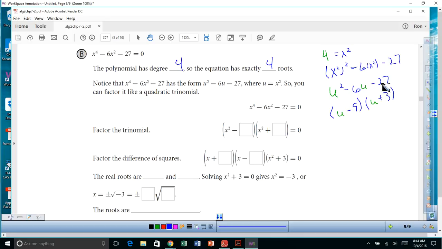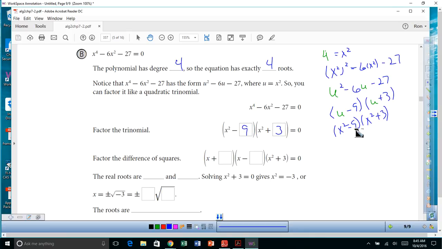Negative 9 times 3 is negative 27. Negative 9 plus 3 gives you negative 6, so that works. Now, let's put the x squared back in, and that's going to give you x squared minus 9 times x squared plus 3.